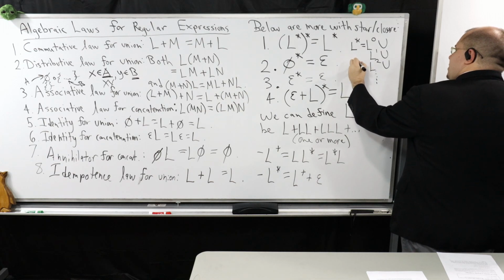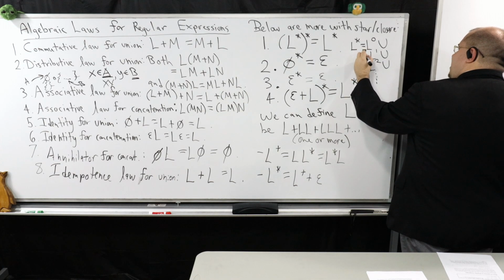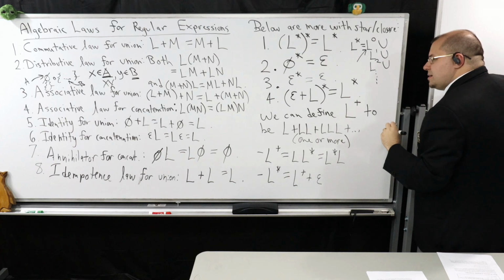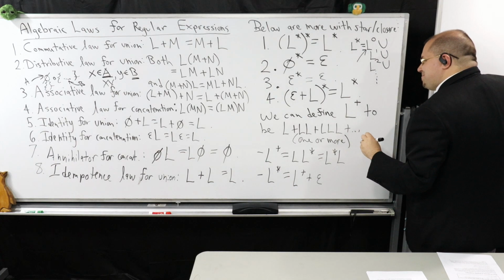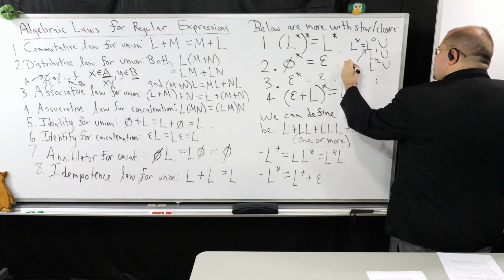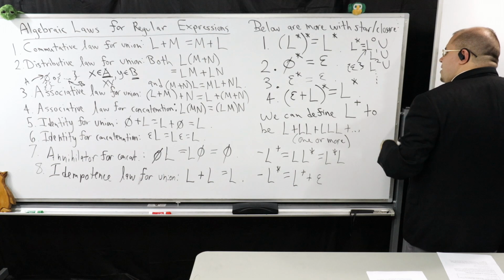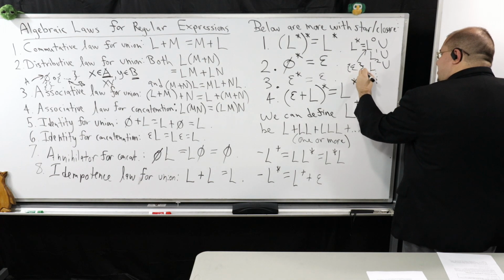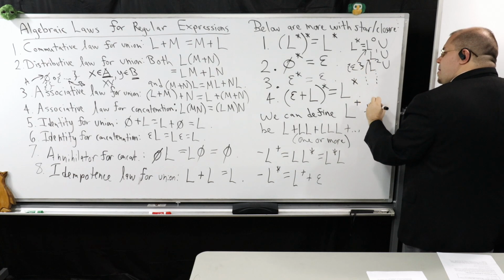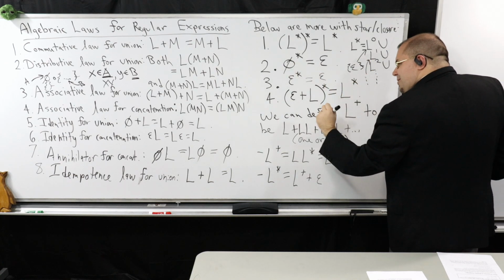So if you remember, if I take no symbols from a language, this is any language, then this surely is going to represent epsilon here. So it's a set containing epsilon. This would contain something, but remember, this is the empty language.